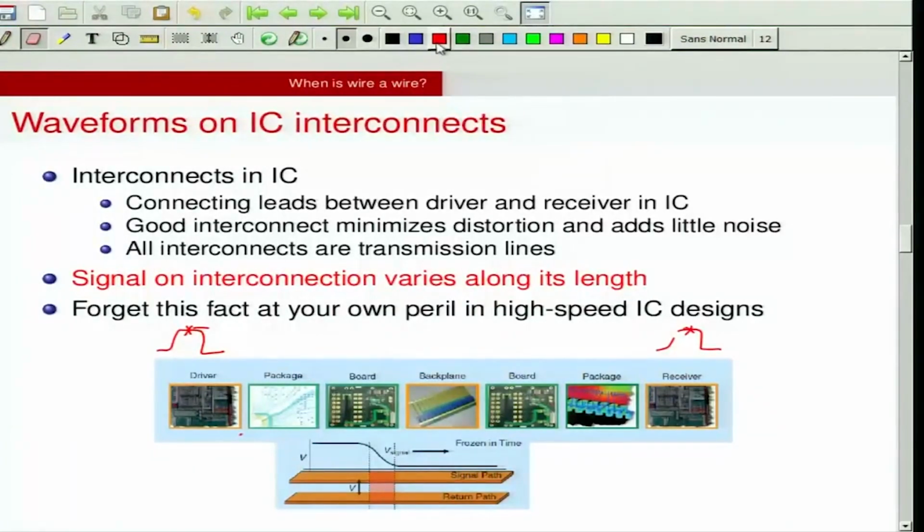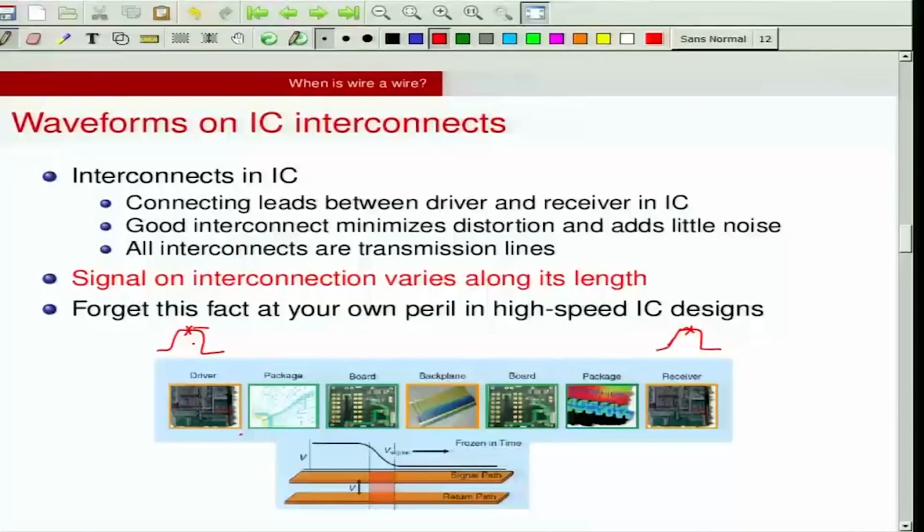As you increase the frequency, you would start seeing this behavior where the receiver is not changing at the same time as the driver. If you do not consider this explicitly, you might have designed a logic gate in which the driver is running at a certain speed and the receiver is not changing in synchronization with the driver, and your entire logic circuit might fail.